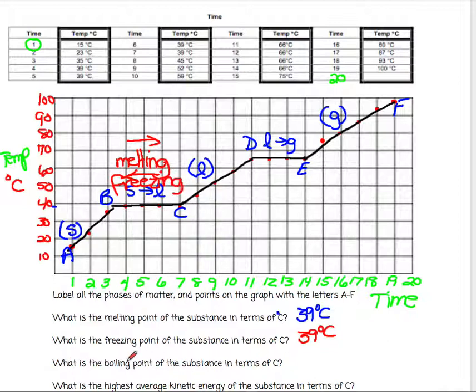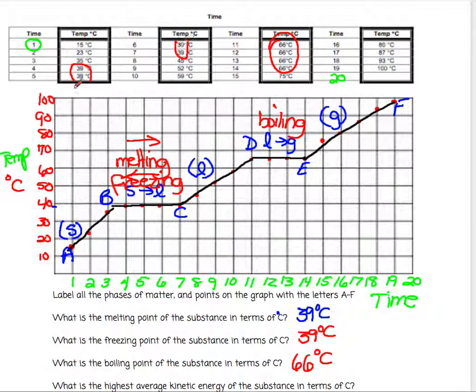Okay, what is the boiling point of the substance in terms of degrees Celsius? Boiling point is where we go from a liquid to a gas. This is the boiling point. And the boiling point is 66 degrees Celsius. Now if you notice, there's no temperature change right here, and no temperature change right here.